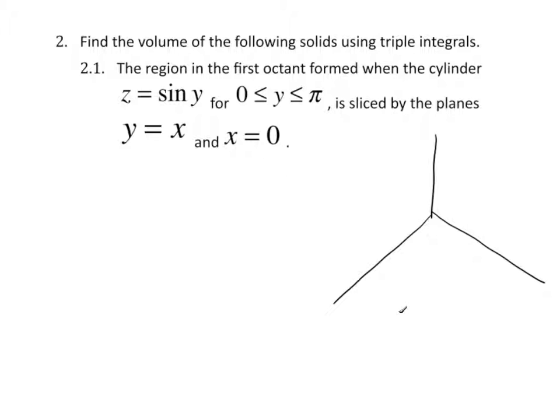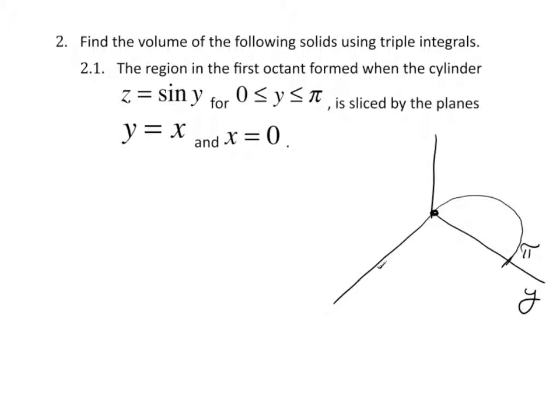Now, I've got y going from 0 to pi, so y is going to come out here to pi. And z is the cylinder sine y. So when z is 0, sine is 0. So it's basically going to be something like this.